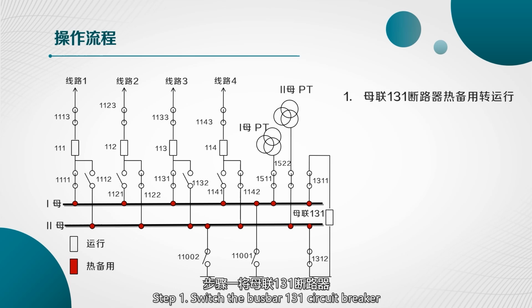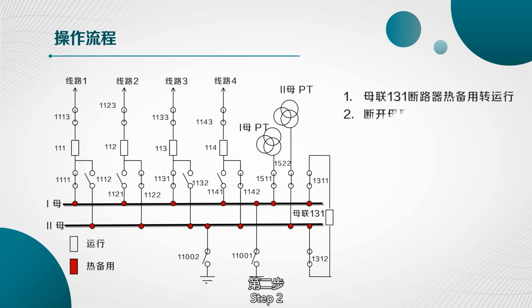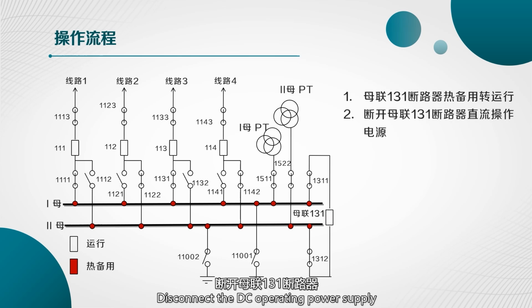Step 1. Switch the bus bar tie 131 circuit breaker from the hot standby state to the operating state. Step 2. Disconnect the DC operating power supply of the bus bar tie 131 circuit breaker.